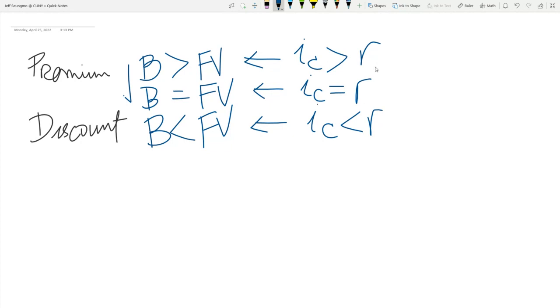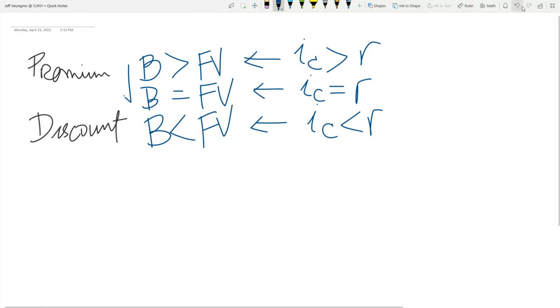Think about it. If the coupon rate is greater than the prevailing market rate, then it becomes a premium bond, and vice versa if it is less than. But if the coupon rate is equal to the prevailing market rate, then it will have to sell at par value.